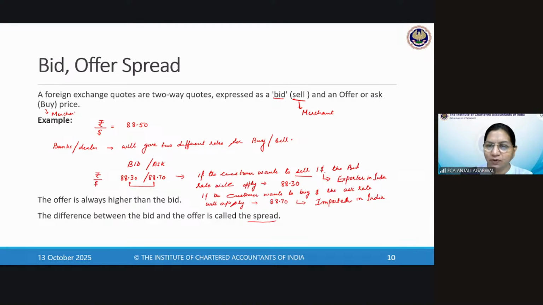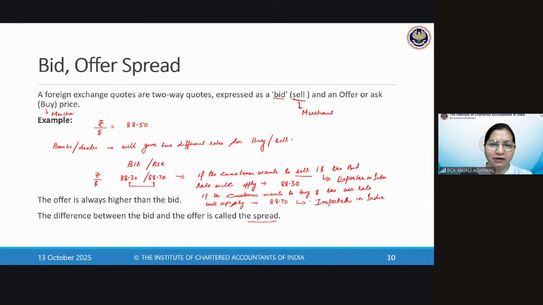88.30/88.70. So if the customer wants to sell dollars to the dealer, the bid rate will be applicable, 88.30. So if you are an exporter, you will be receiving dollars, which you will have to convert into rupees by giving them back to the authorized dealer. Similarly, if you are an importer, you need to make the payment in dollars, then you will require to buy the dollars from the dealer.